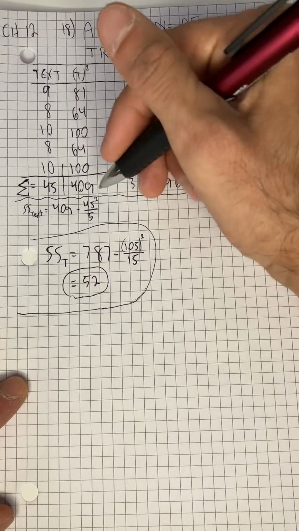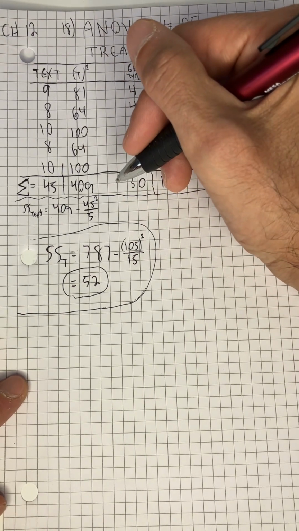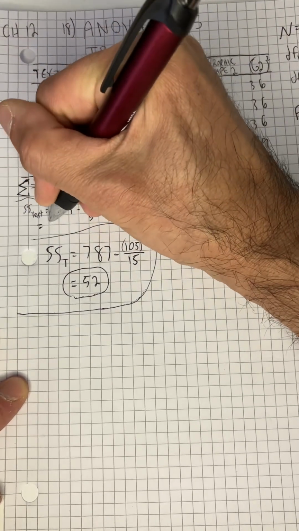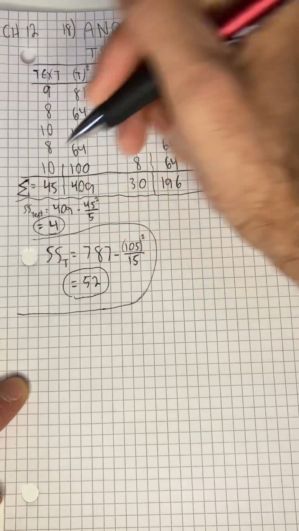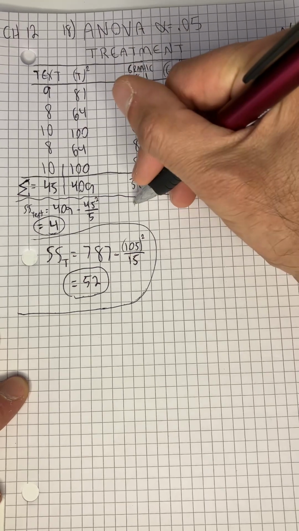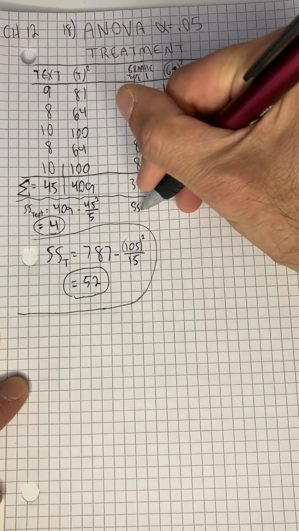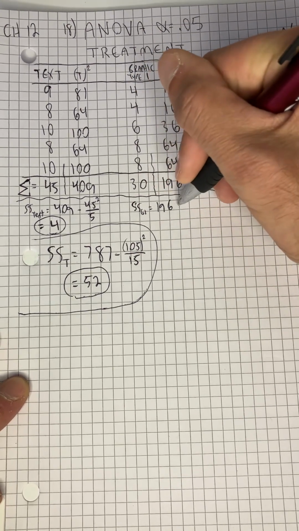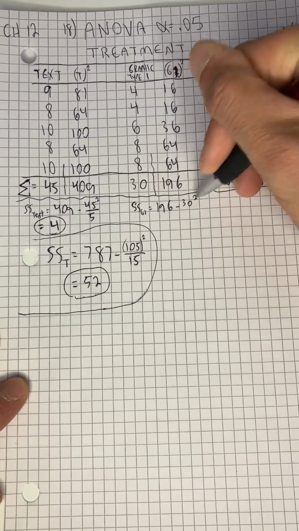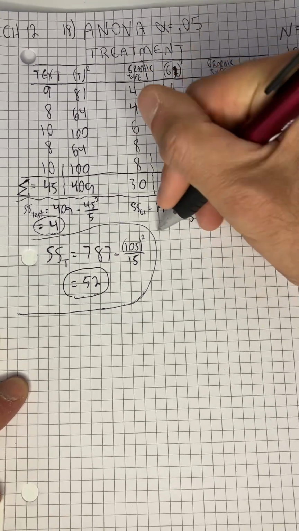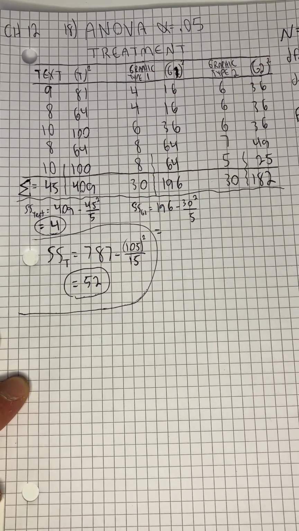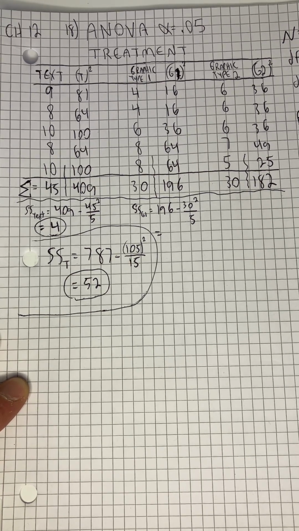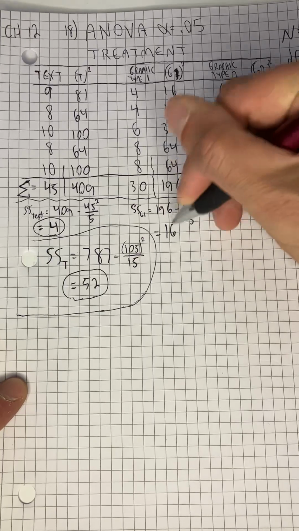This ends up being 4. Then we find the sum of squares of graphic 1: 196 minus 30 squared over 5. For that one I got 16.